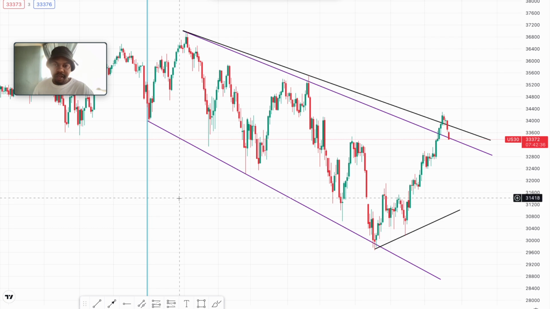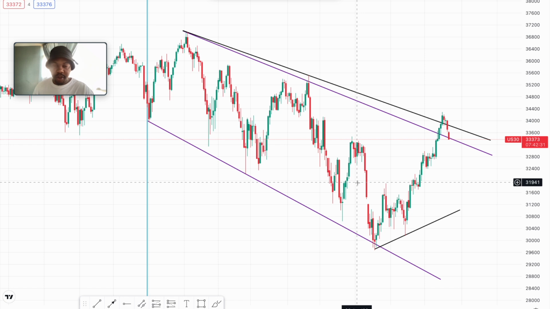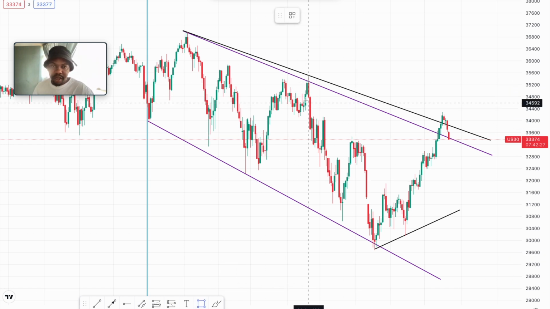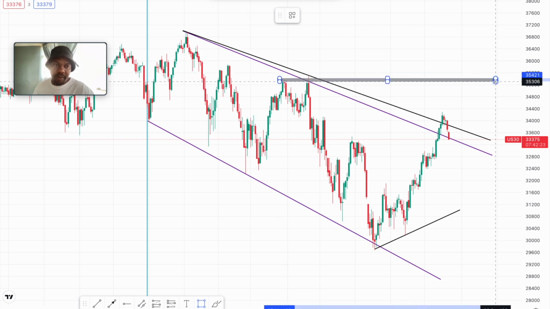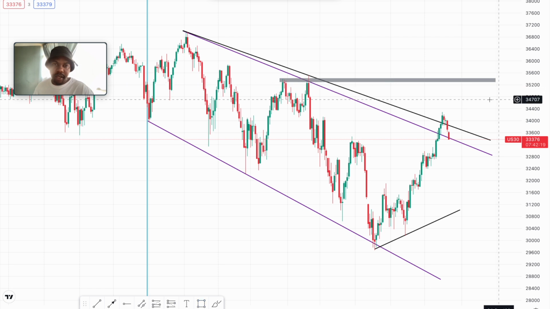So remember, with levels, the market needs to make contact with those areas once or twice or more. Not once, twice or more, basically. An example of a level will be this one. The market made contact there twice, right? It's this high and this one twice, and then we have this one now.